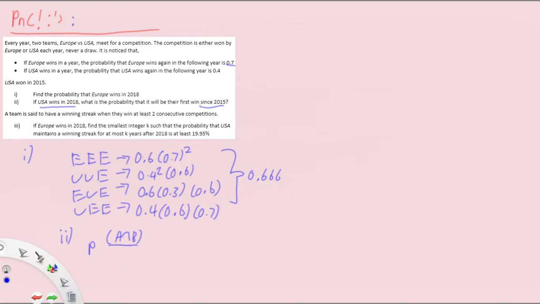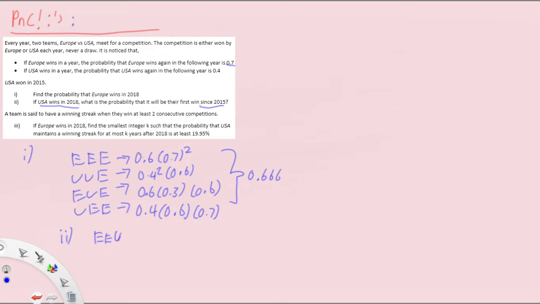A is the event that is our first win since 2015, and B is the event that USA wins in 2018. We realize that there's only one case for USA to have their first win since 2015, which is EEU.